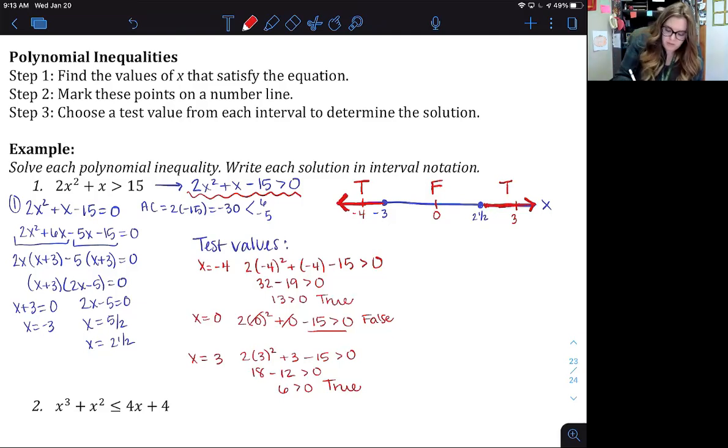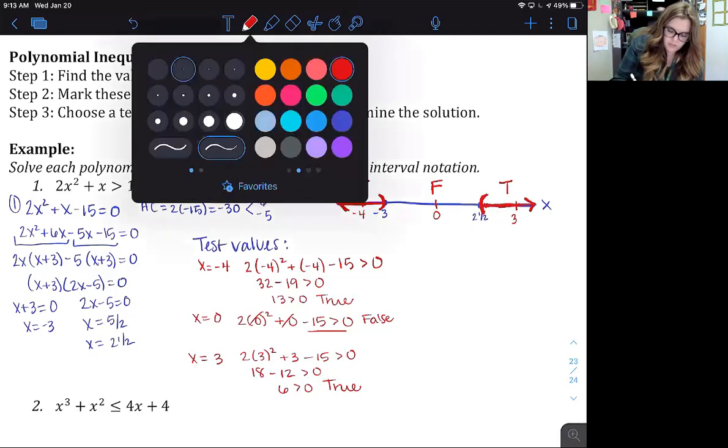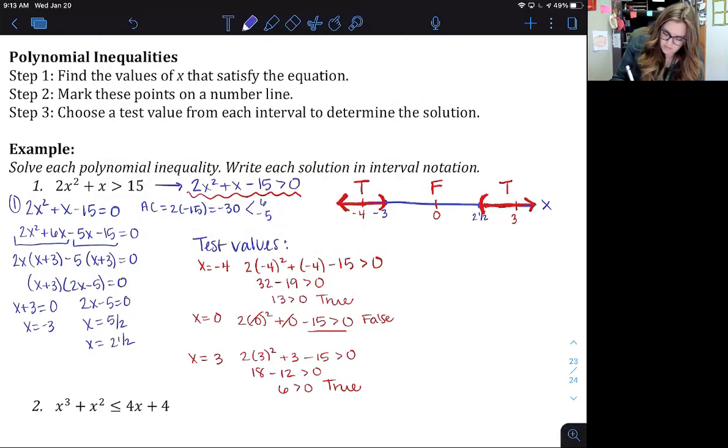That means we're going to have parentheses. And then we're going to write that out in interval notation. So our solution here would be negative infinity to negative 3, parenthesis, union. And instead of 2.5, I'm going to go back and write that as 5 halves to positive infinity.